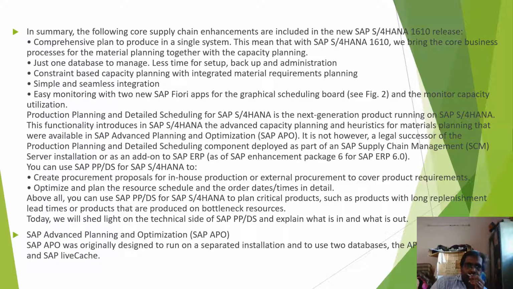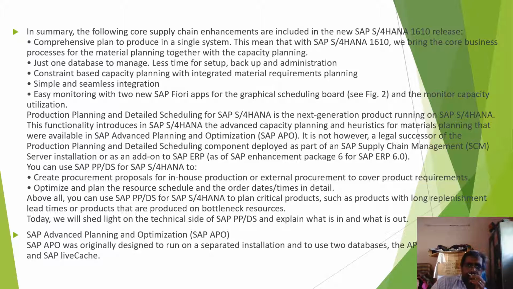And in summary, the following core supply chain enhancements are included in new SAP S/4HANA 1610 release. Comprehensive plan to produce in a single system. This means that SAP S/4HANA 1610, with that we bring the core business process for the material planning together with capacity planning.